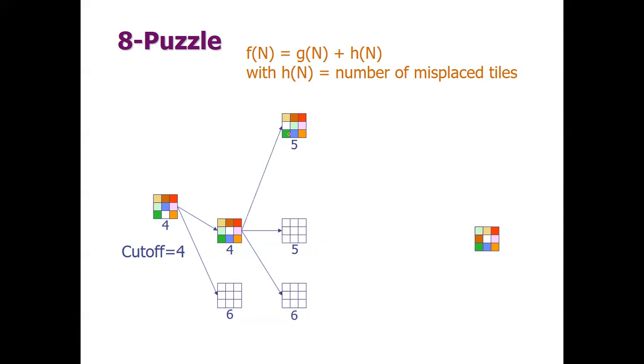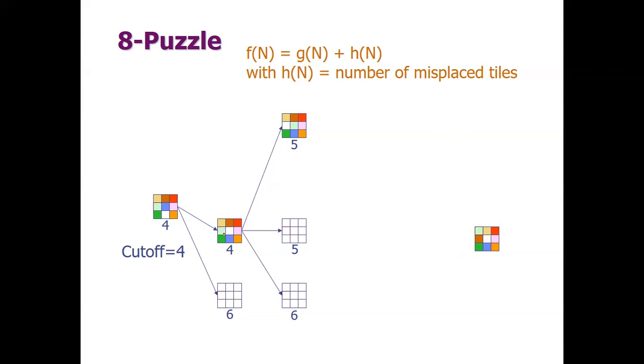This is another state where some tile is moved. Basically, previously the white was here, now the white is here, so from here we have reached this state.